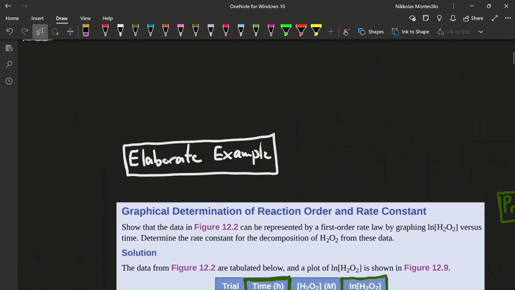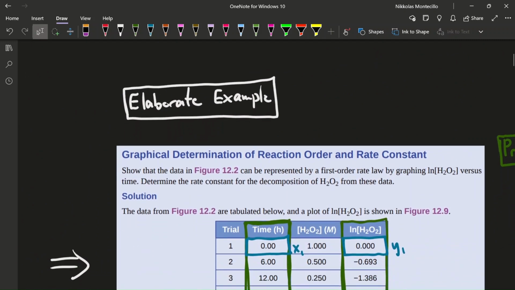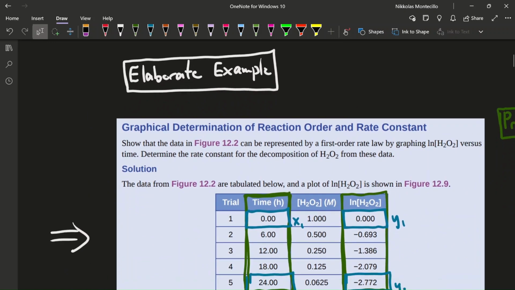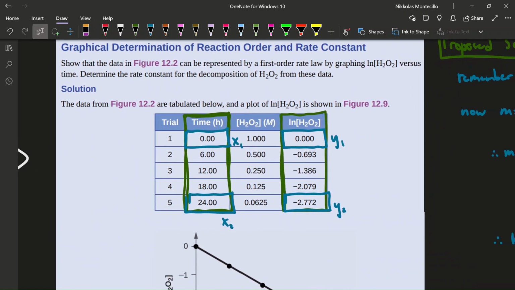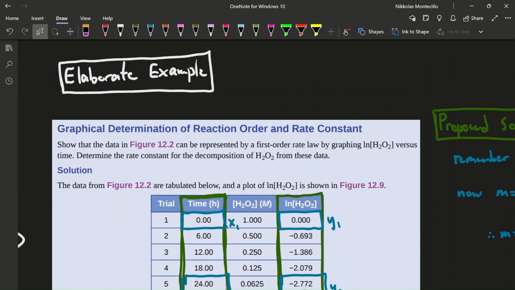We're given here graphical data, right? A first order rate law graphing the natural logarithm of the concentration of H2O2 against time. Okay, so this is the experimental data that's presented to us. What we want to do is determine the rate constant, k.